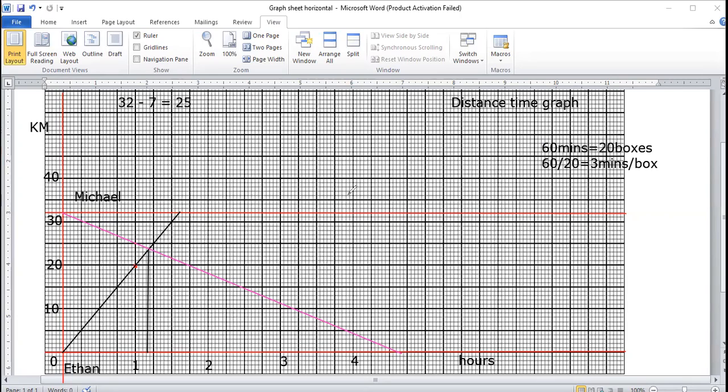So according to my graph, it is coming to 1 hour and I can say 10.5 or I can say 11 minutes. So 1 hour and 11 minutes was taken for them to meet each other. So this is your B part, that it took 1 hour, 11 minutes to meet each other.